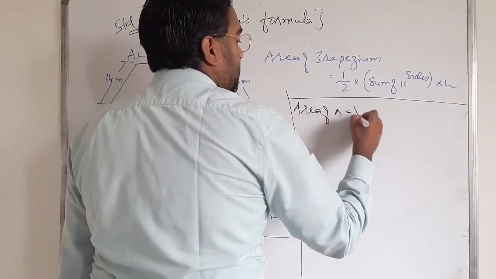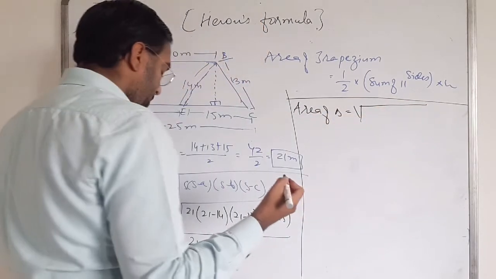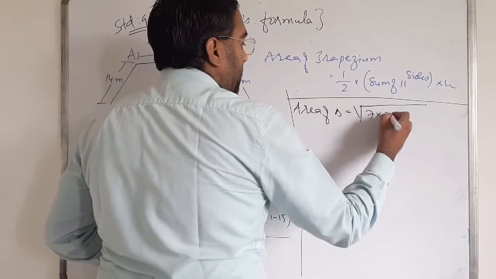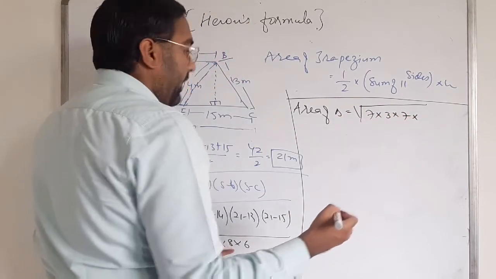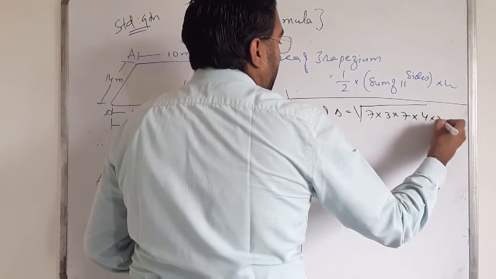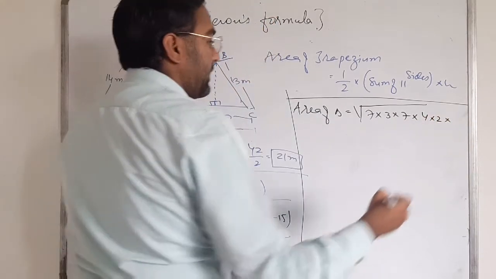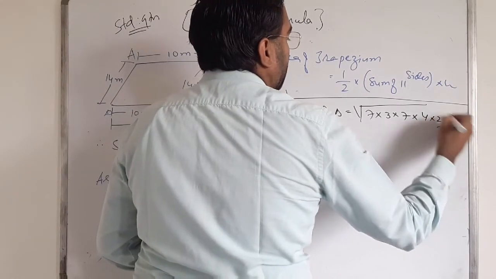area of triangle is the square root of 21, that is 7 threes are 21, write 7 as it is, write 8 in the form of 4 into 2, and write 6 as 3 into 2.